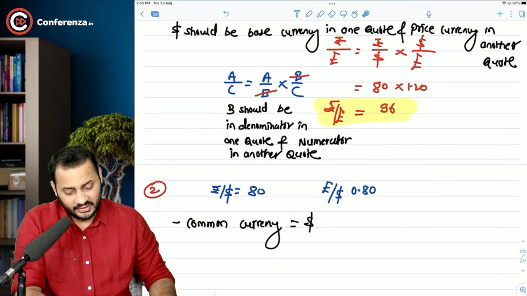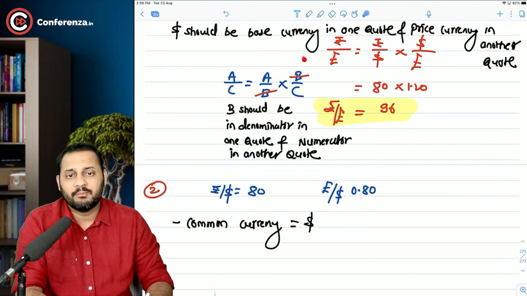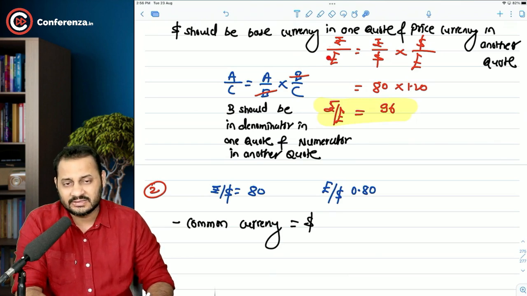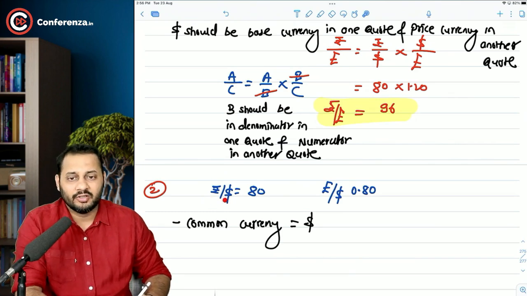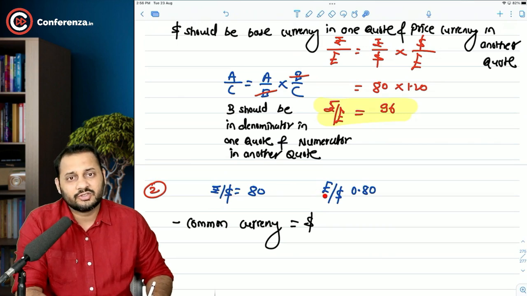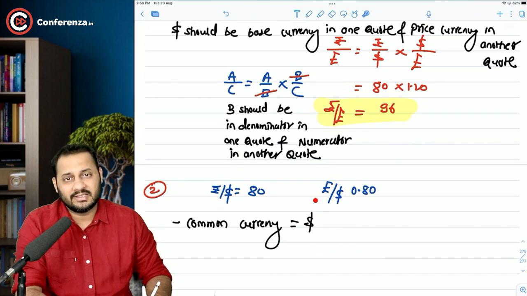Since the rate that we need is rupees per pound, that means rupees has to be kept as a price and pound should be the base currency. Rupees should be the price currency, pound should be the base currency. So you can see rupees is the price currency in this equation and dollar is the base currency in this equation. This is proper equation. Now this quote is totally wrong. We need pound in the base currency, pound is the price currency in this.